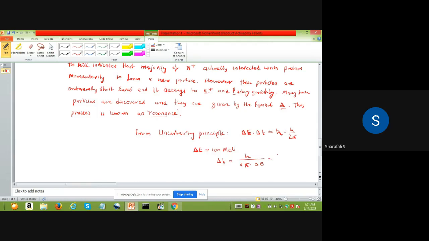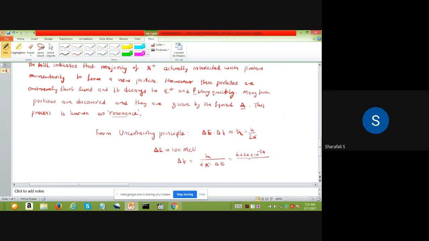So that will give 6.626 × 10^-34 joule-seconds, divided by 2 × 3.14 × ΔE, where ΔE is 100 MeV, that is 100 × 10^6 electron volt.